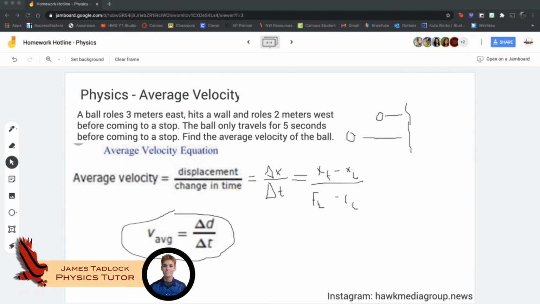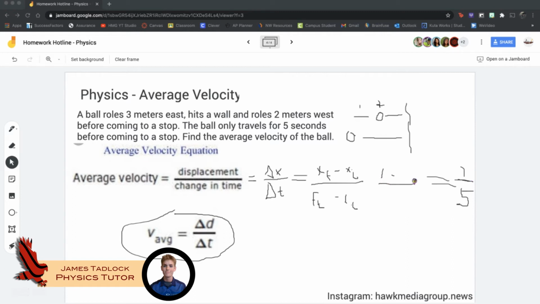Our displacement final is going to be this right here. If our ball traveled 3 meters east and bounced back 2 meters, that shows that our ball actually only moved 1 meter. And we subtract that with our initial, which was 3. And the whole time that changed was 5 seconds.